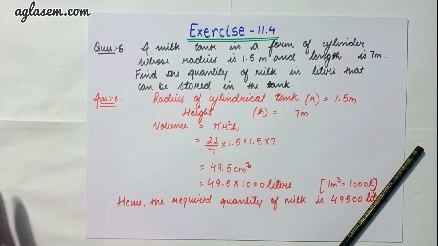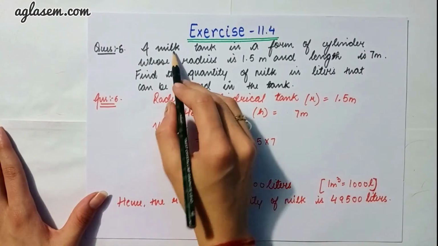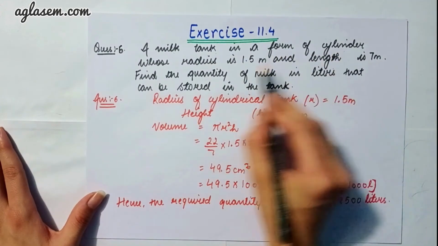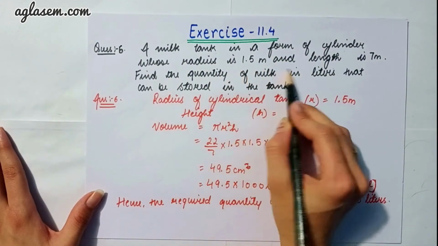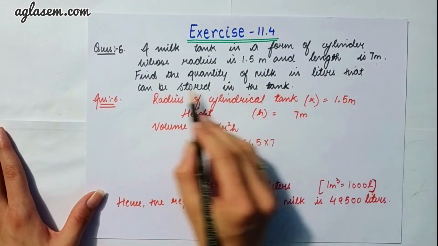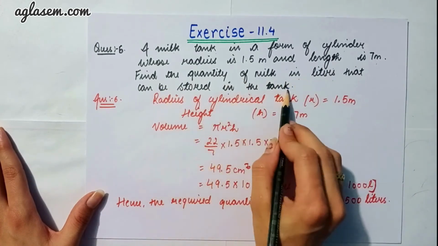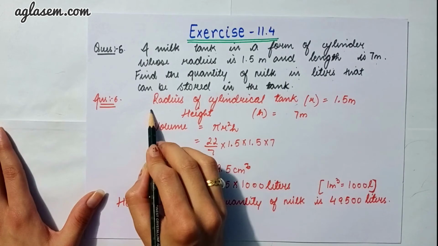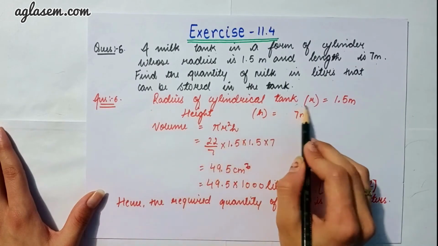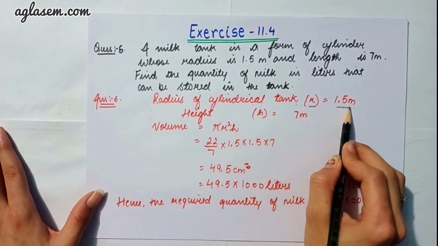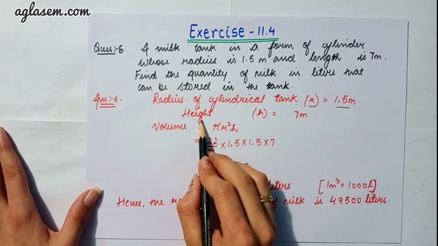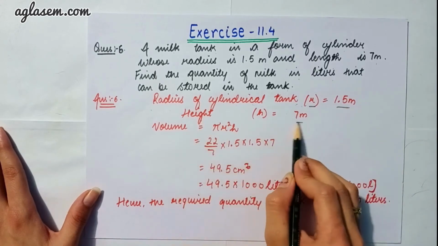Question number 6 says, a milk tank in the form of a cylinder whose radius is 1.5 meter and length is 7 meter. Find the quantity of milk in liters that can be stored in the tank. So the answer is, radius of the cylindrical tank, that is r, is 1.5 meter, which is given to us, and the height of the cylindrical tank is also given, that is 7 meter.